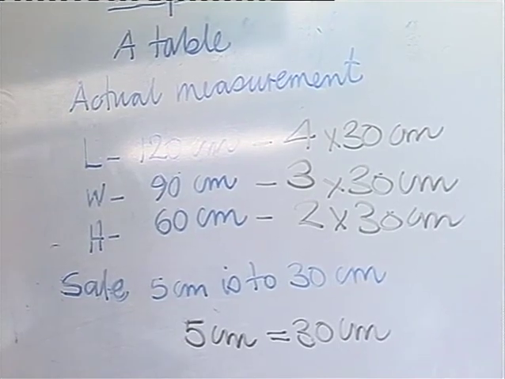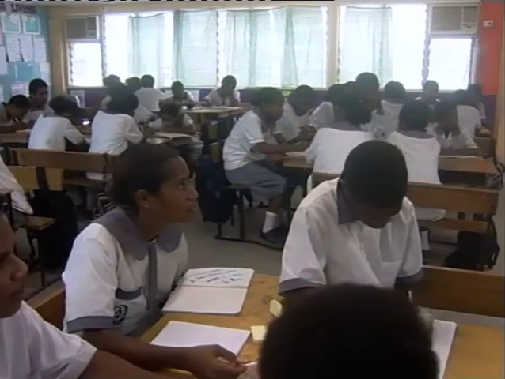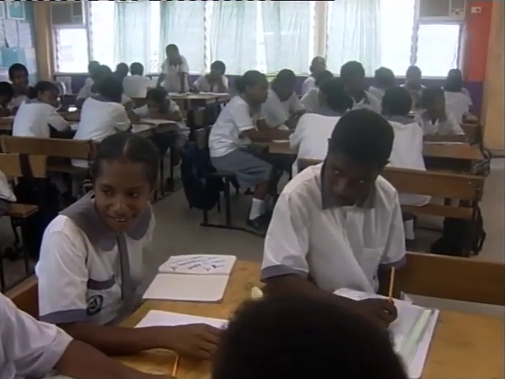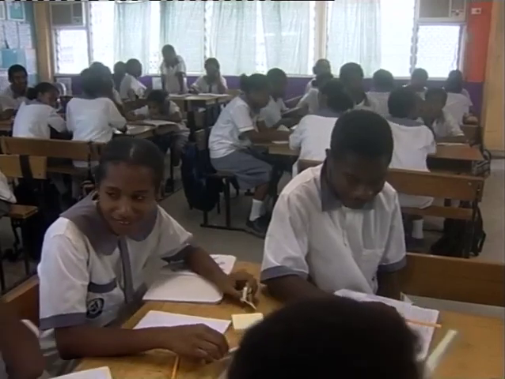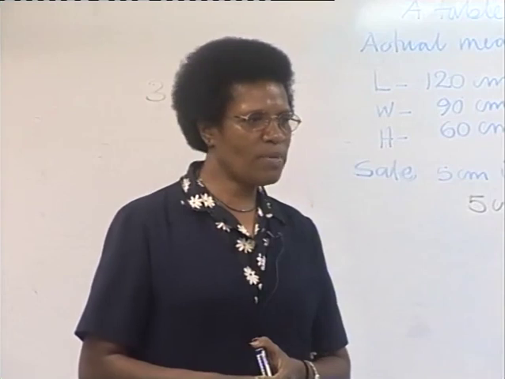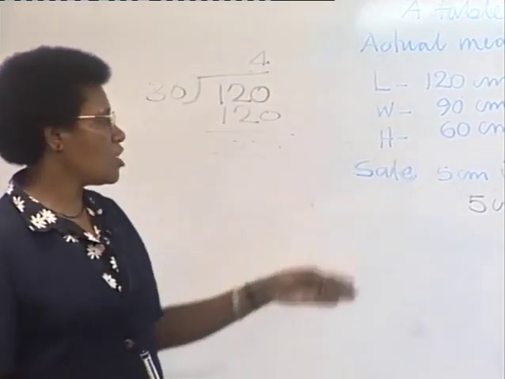You cannot do it unless you understand the scale that you have well. Bobby, have you and your friends come up with something? Okay, Bobby and his friends have something to share with us, especially on that scale. How many 5 centimeters will be in 30 centimeters?